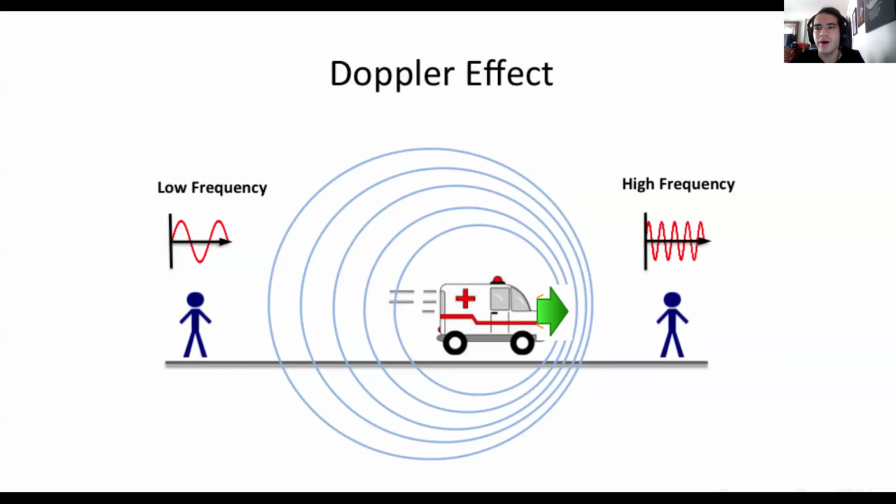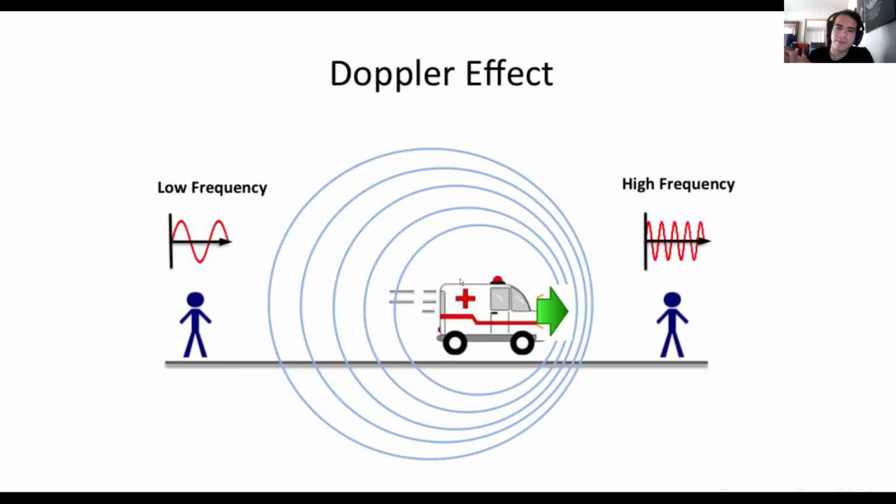One of the key things we're touching on is the Doppler effect, which is something that everybody, whether they realize it or not, has had some experience with throughout their lives. It's what happens when an object in motion is emitting, in the case of this example, sound, or any sort of wave.